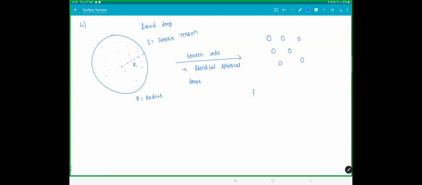Find the change in surface energy. This is a standard thing. Came multiple times in mains. Get this.